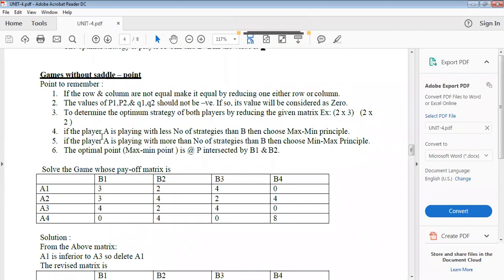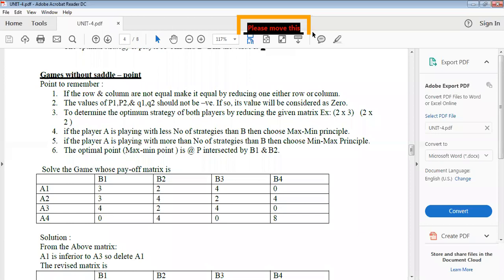If player A is playing more strategies, the minimax principle is very important. So that is very important. The optimal point, the max mini point, is going to be called the saddle point.